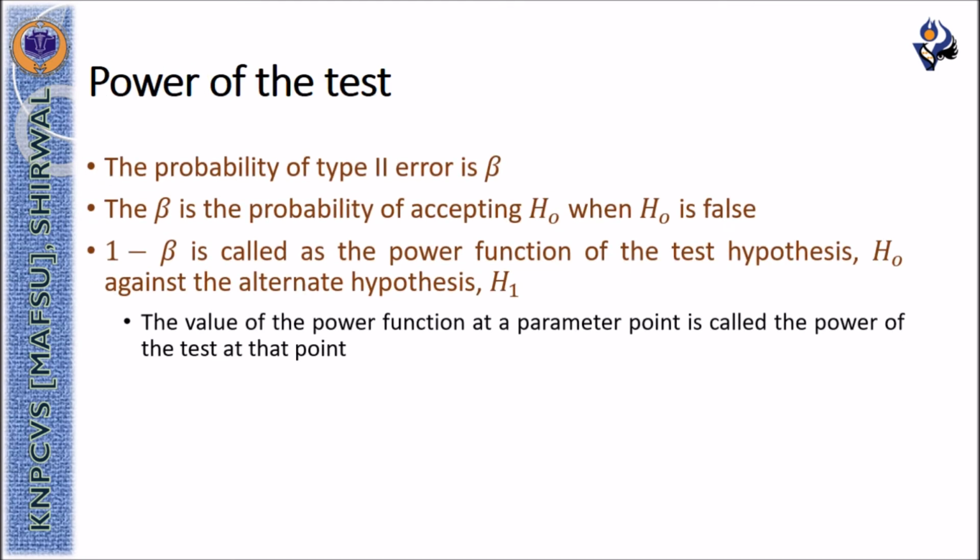The probability of type 2 error is beta. The beta is the probability of accepting null hypothesis when null hypothesis is false. 1 minus beta is called the power function of the test hypothesis against the alternate hypothesis. The value of power function at a parameter point is called the power of the test at that point.